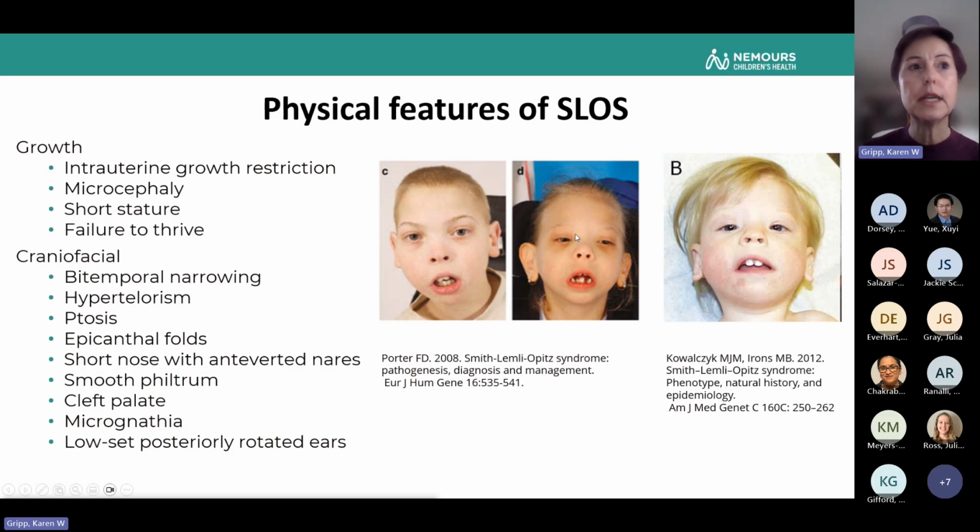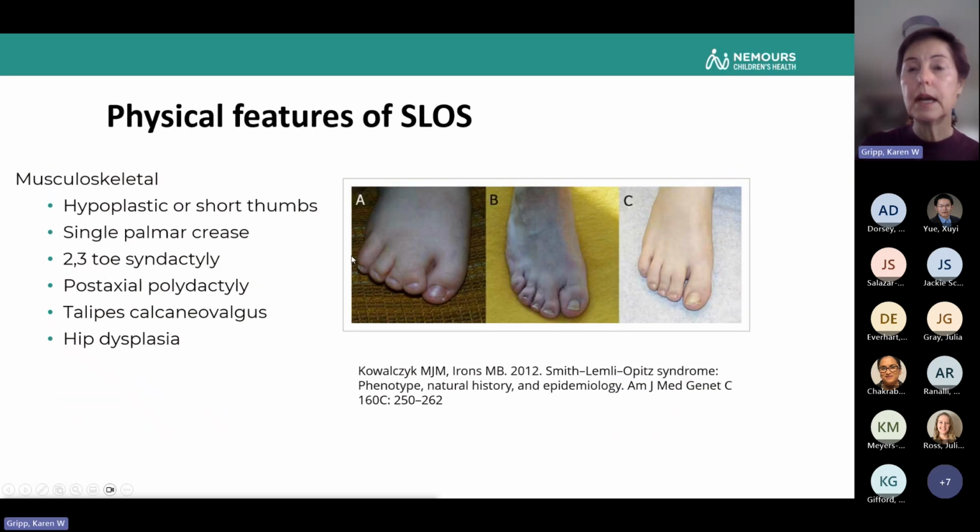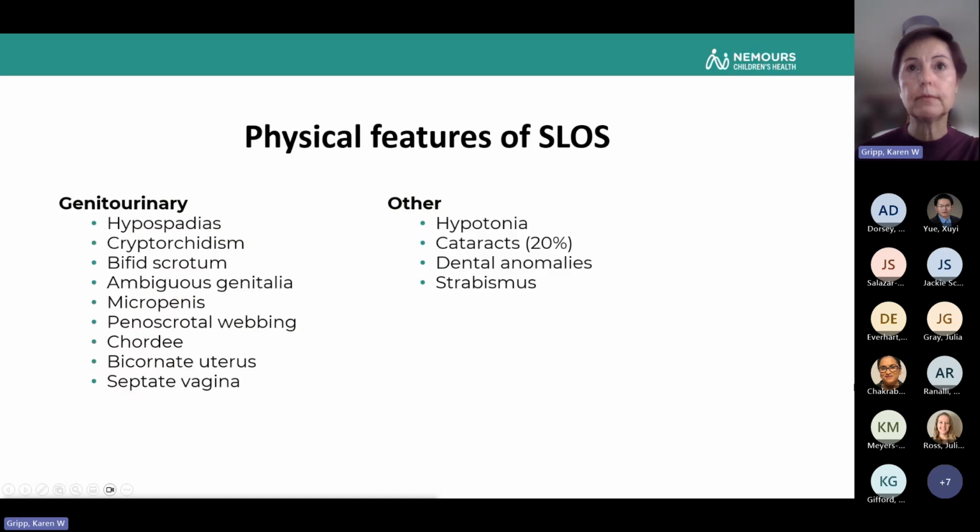They can have epicanthal folds, as you see here, and a short nasal tip, as you saw in the other patients' pictures that I've shown you. They can also have a cleft palate and a small jaw. There are many other hallmarks of Smith-Lemli-Opitz syndrome, in particular the 2-3 syndactyly of toes, and when we see that in a patient it always makes us think of this condition.